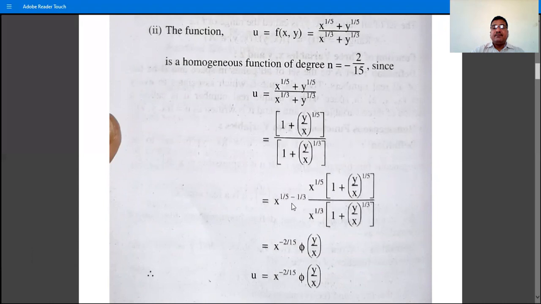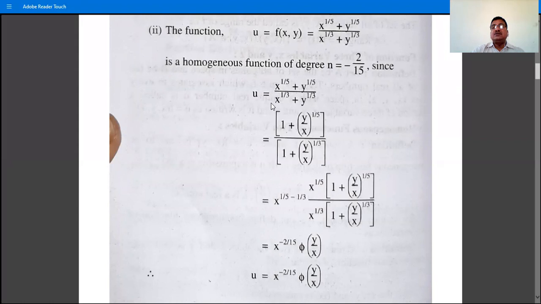So what do we have? Write x raised to 1 by 5 before the bracket, and in the bracket, if you take x raised to 1 by 5 common, we have 1 plus y by x raised to 1 by 5. So y raised to 1 by 5 divided by x raised to 1 by 5 means y by x raised to 1 by 5.